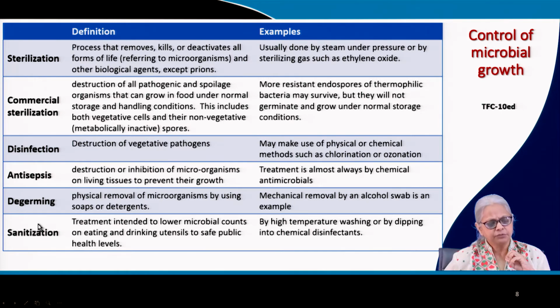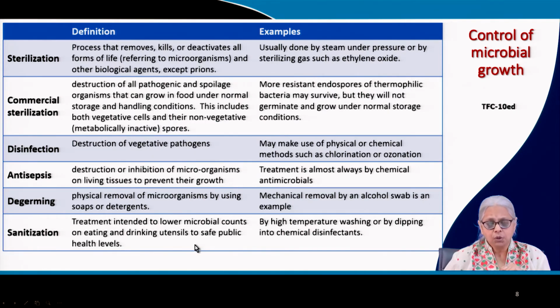And then we have sanitization. We want to ensure that any public places, door handles, desks, all these things, utensils that we use in public areas or even at home, you want to ensure that the microbial count on these surfaces is as low as possible, close to zero.